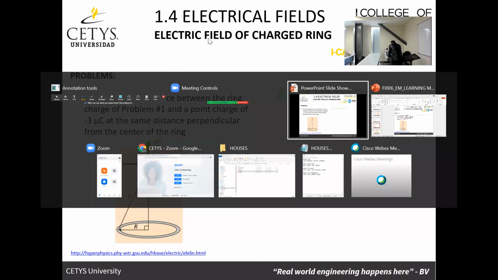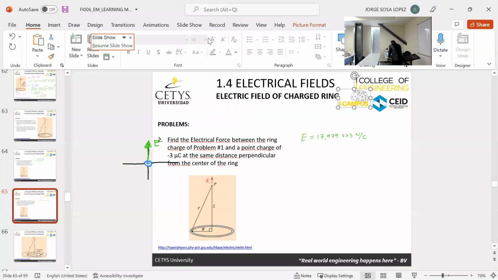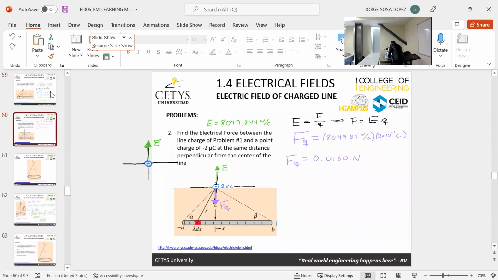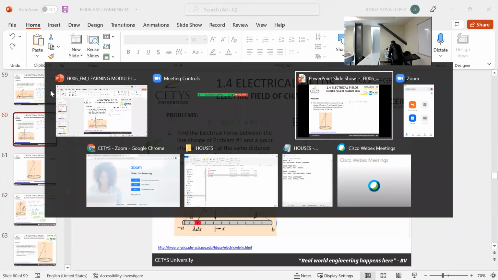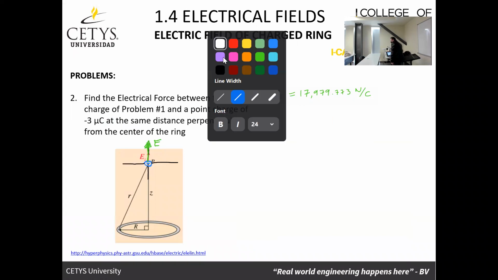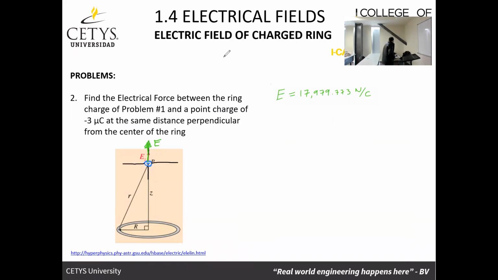I'm going to check my color coding here. Very picky about colors. So we're going to have an electrical force that's going to be an attraction force. That's going to be going downwards.